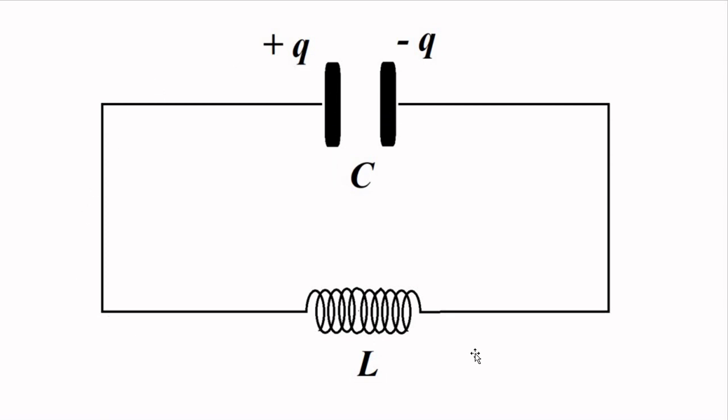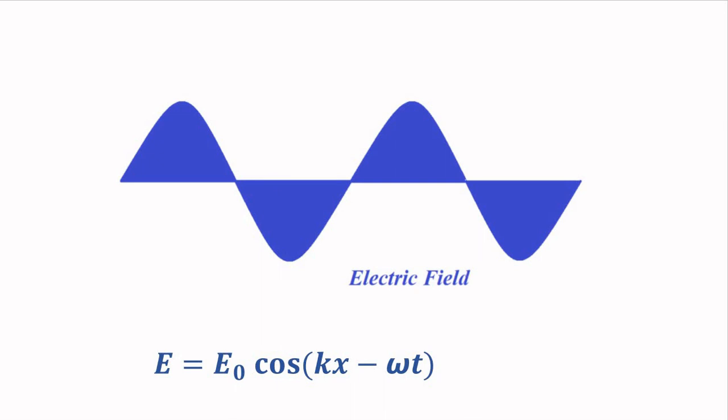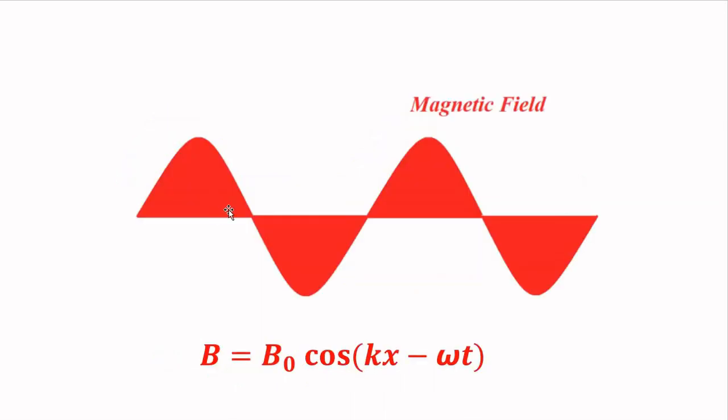Again the capacitor starts discharging, that gives us the negative half cycle, the decrease in energy and increase in energy of the magnetic field, that gives us the respective positive and negative half cycles of the inductor. So this gives us these waveforms, the electric field and the magnetic field, the positive and negative half cycles, which signify the charging and discharging of the respective capacitor and inductor, or increase or decrease in energy.